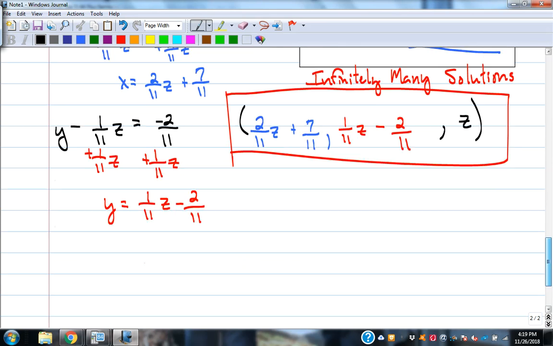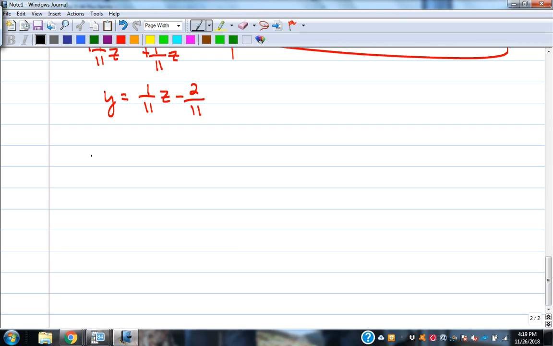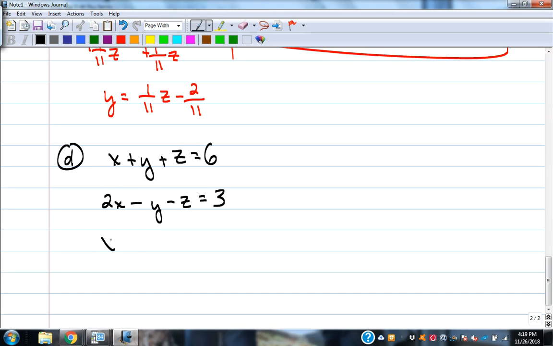So let's look at one more system to solve with matrices. Let's say we had x plus y plus z is equal to 6, 2x minus y minus z is equal to 3, then x plus 2y plus 2z is equal to 0.